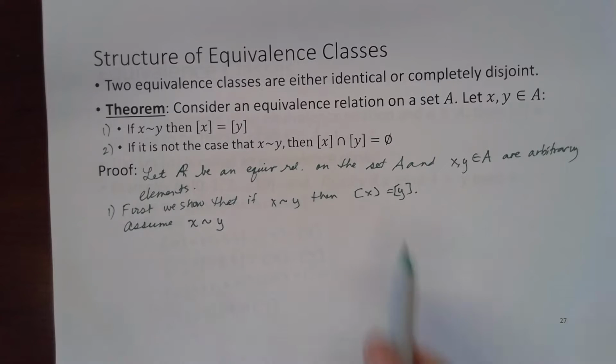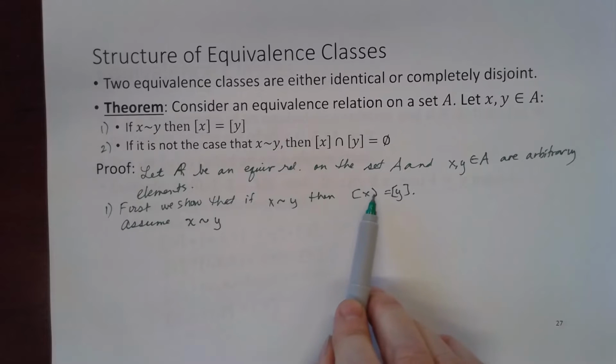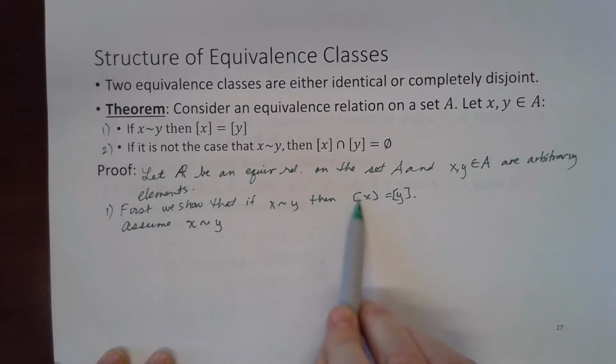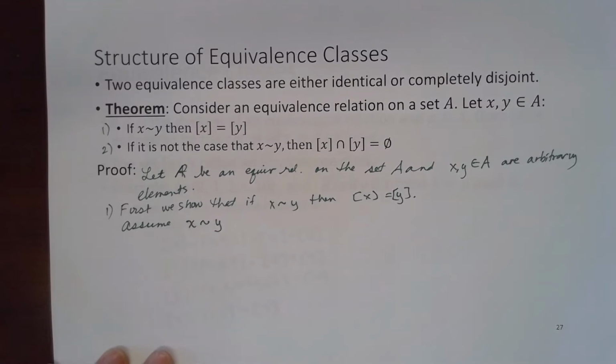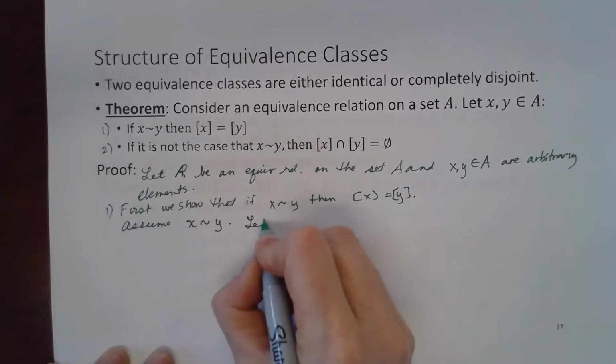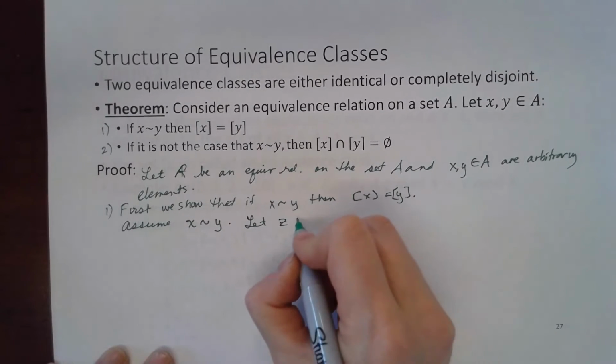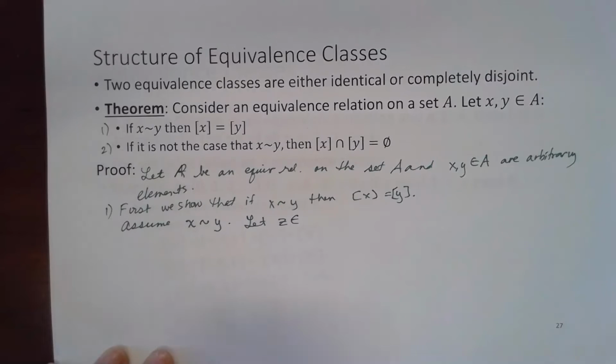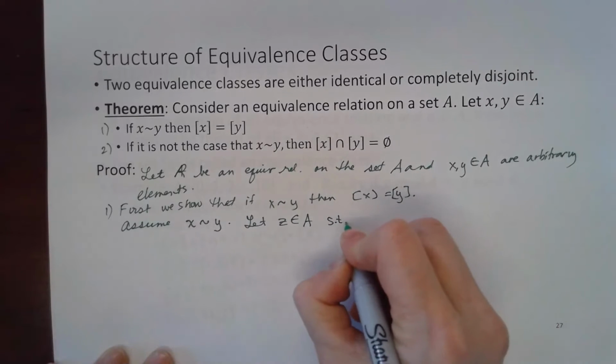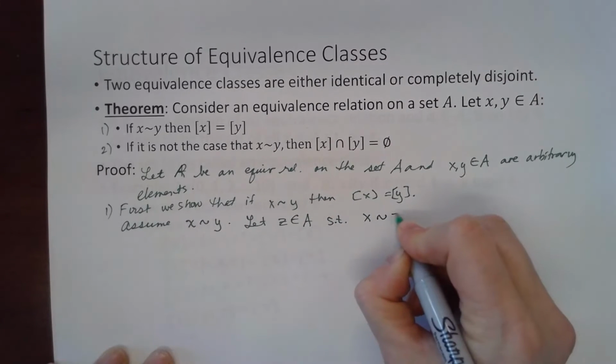Let's think about the equivalence class of x. Those are all the things that are related to x. There's presumably something in that set, even if it's x itself. So we'll call it z, an element of A such that x is related to z.